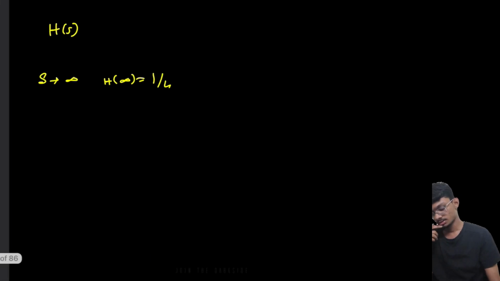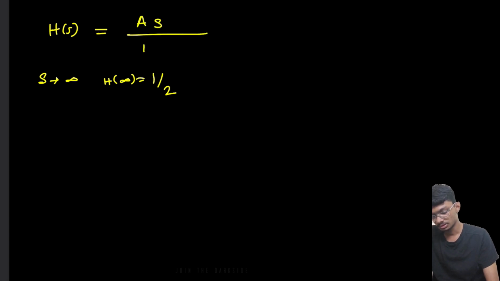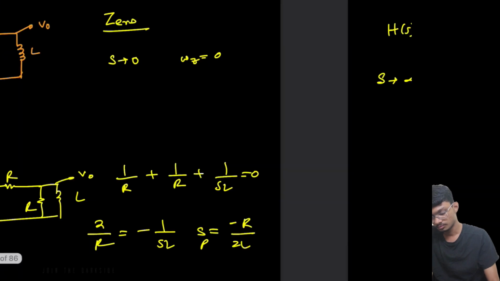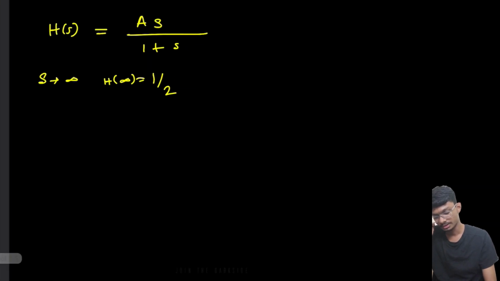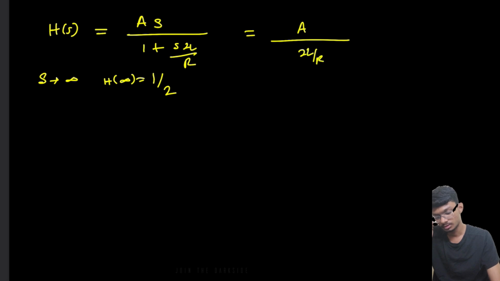Okay, so as we are getting 1 by 2, what is the transfer function? There is a zero at s equals 0, then there is a pole at s equals minus R by 2L, which is basically 2L by R. So at s equals infinity, this becomes A upon 2L by R, which is 1 by 2.